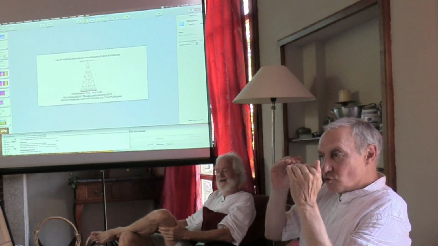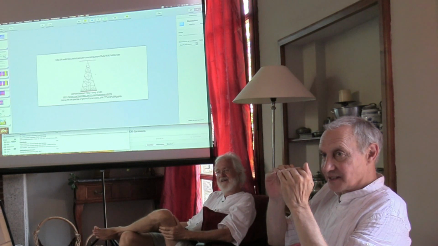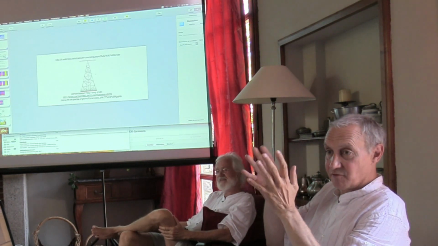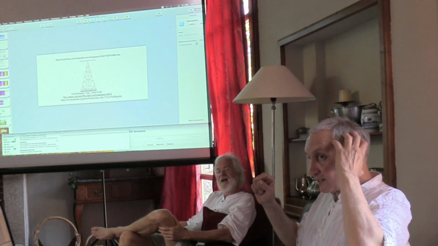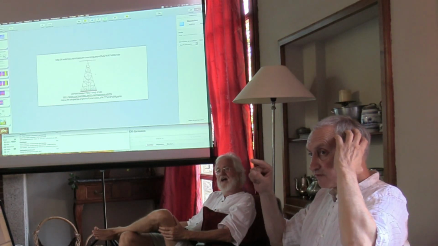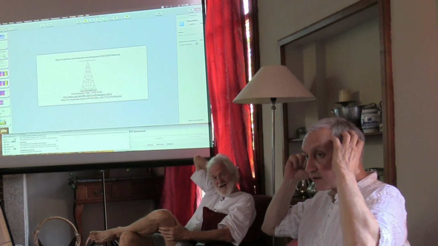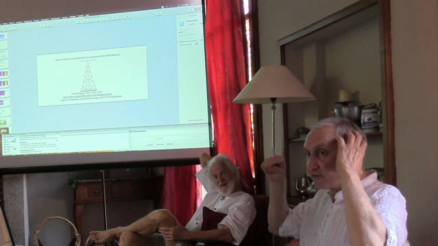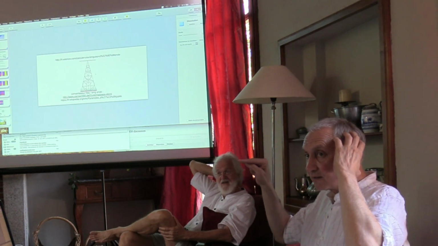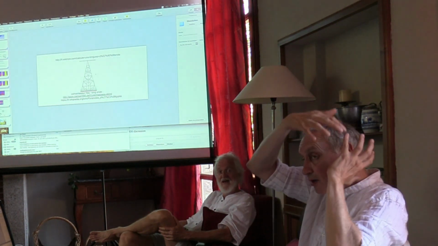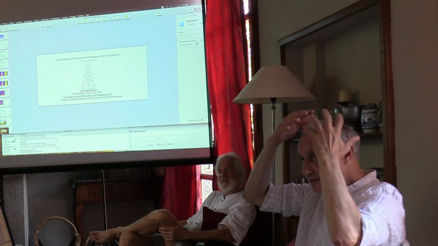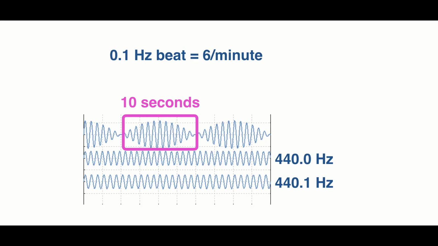But when you have two very close frequencies, let's say an A frequency, 440 hertz, if in one ear you're sending 440 and in the other ear you're sending 440.1, you will generate a beat, so a movement inside your brain, of 0.1 hertz.